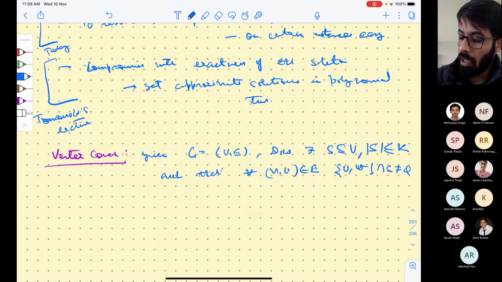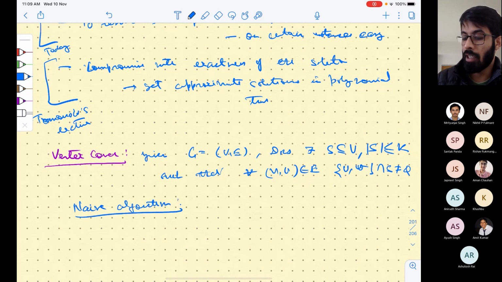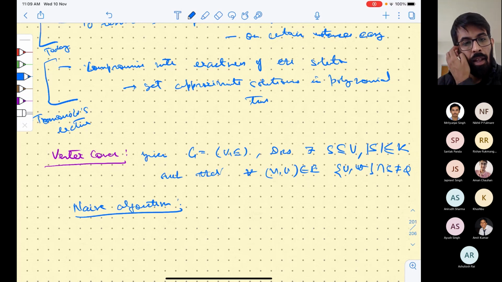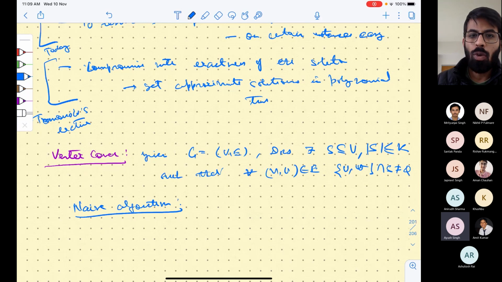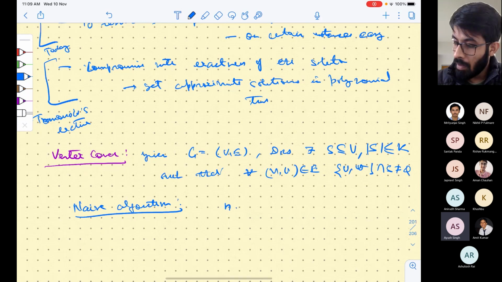So how much time does a naive algorithm take for vertex cover? Any ideas? N times 2 to the power n, because for every subset, we will check if it works or not.